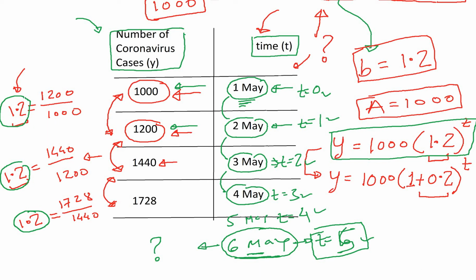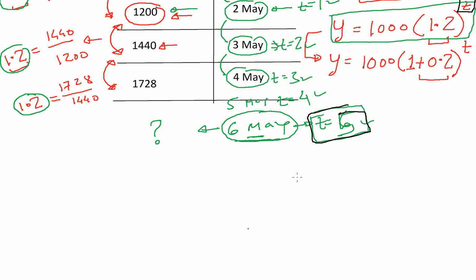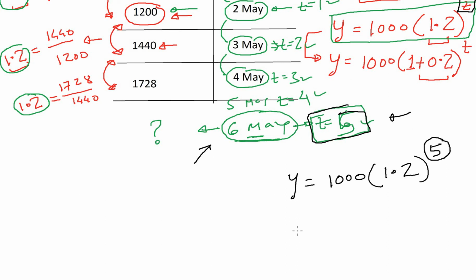This is important because we now understand that this t here is going to be 5. You know t, and all you need to do is substitute that t in your function, and that will help you make the prediction. So 1000 into 1.2, and in place of t put 5. This helps you predict the value on 6th of May because t equals 5 is 6th of May.